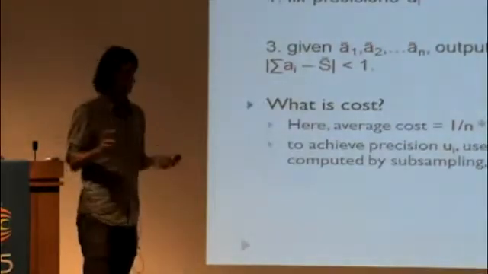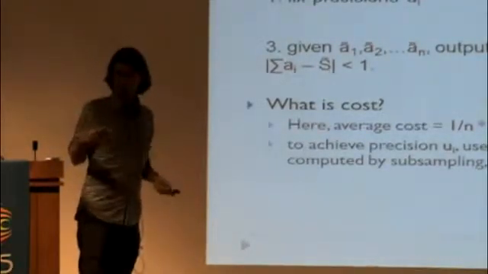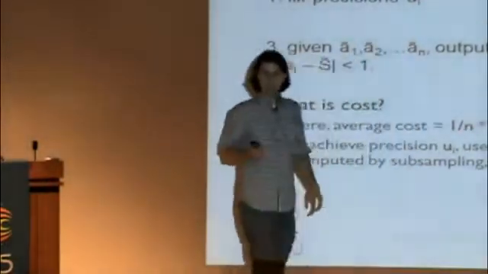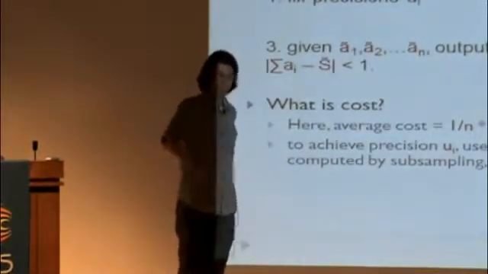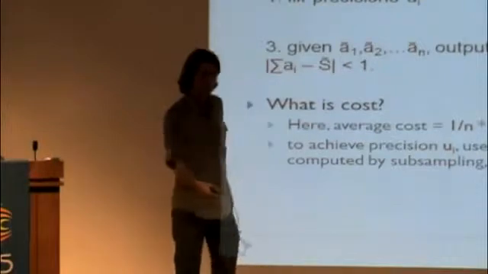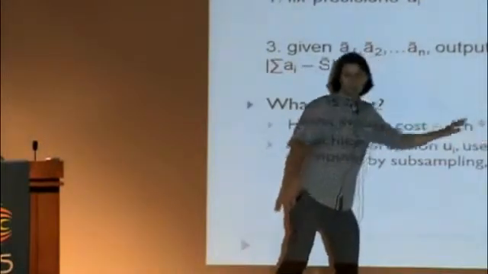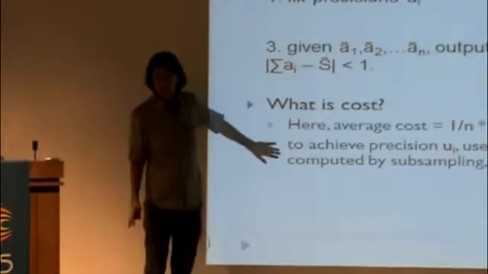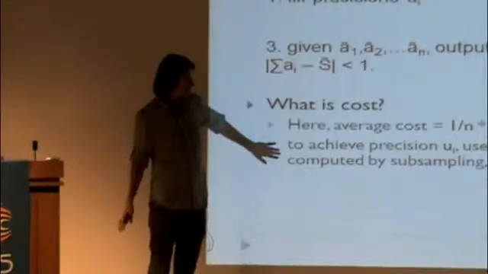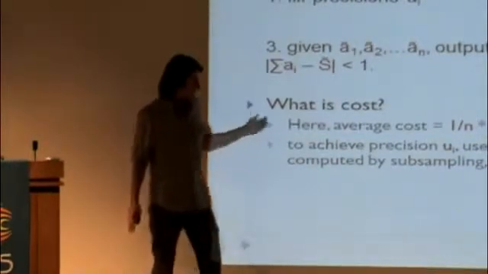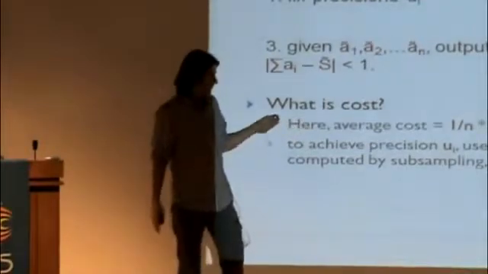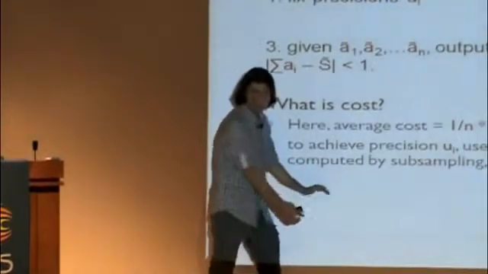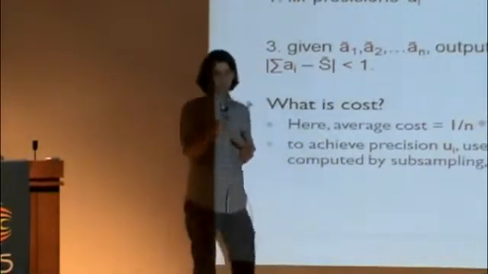If the precision is coarse, say 0.5, then this number will be relatively small. However, if I require precision to be very fine, closer to 0, then the cost suddenly begins to increase. There is a particular reason to choose these precisions. First of all, it's useful in our applications, and two, coming back to the motivating example where these AIs are themselves a sum, it is these computers, which each have one particular AI, that have to compute this number.